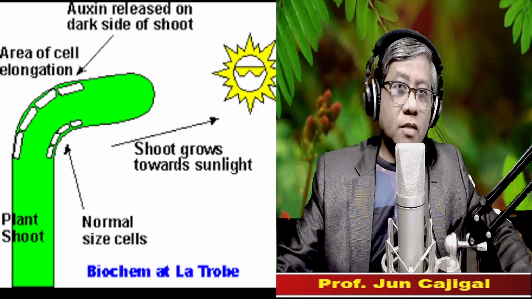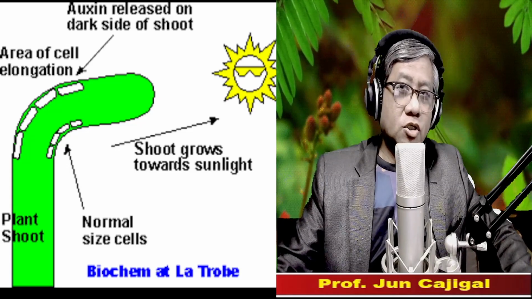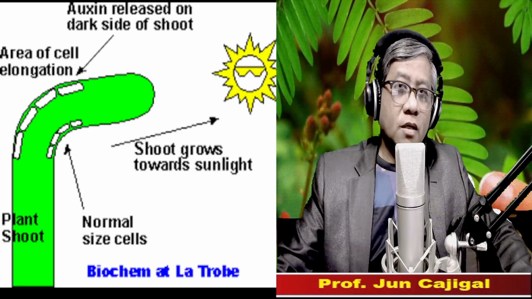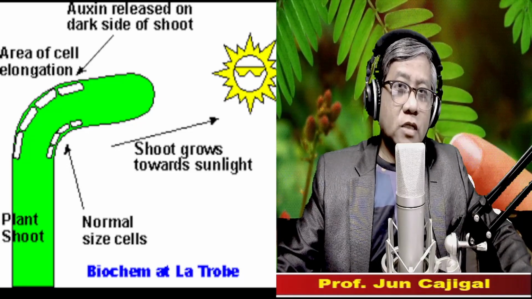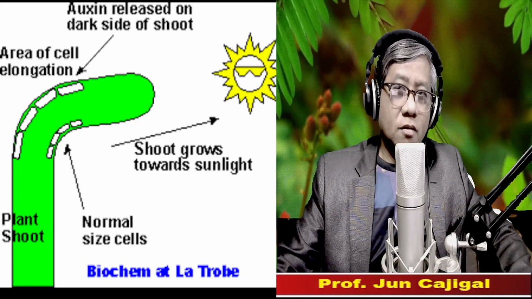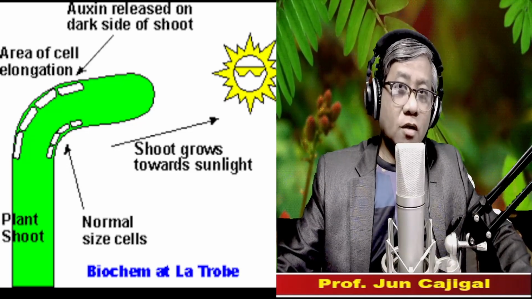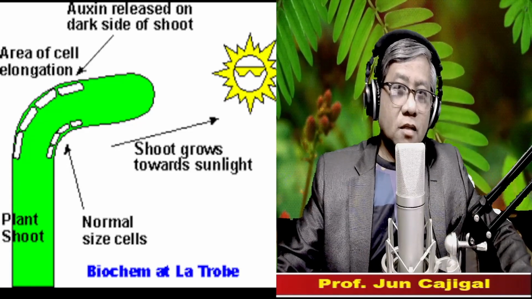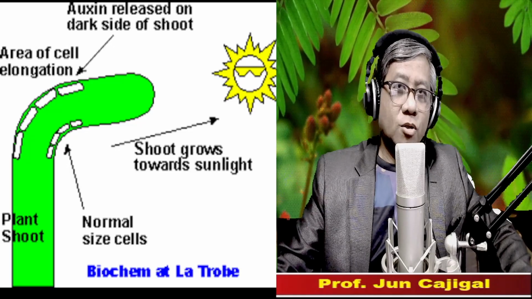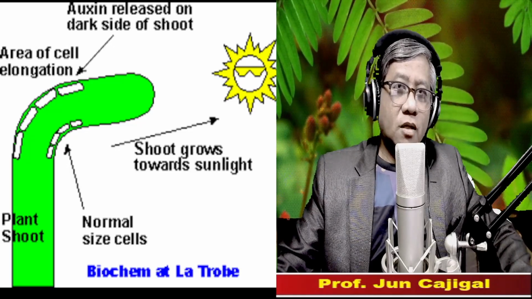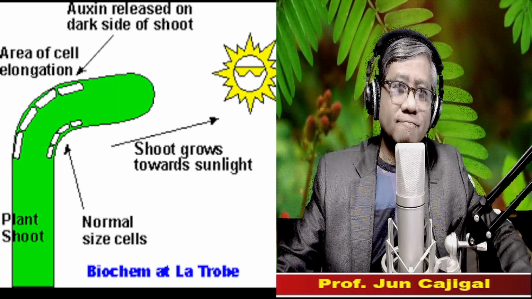Because of the higher concentration of auxin on the shaded part of the plant shoot, this auxin will stimulate the cells of the shaded part of the plant to elongate. Because of this differential elongation of cells, the plant shoot or the plant organ will bend towards the light. So that's how we explain phototropism.